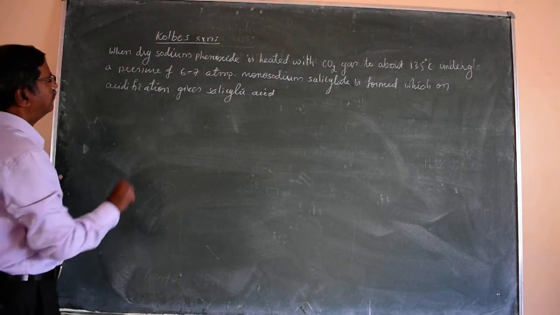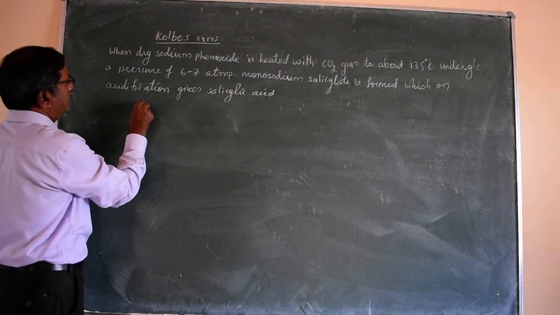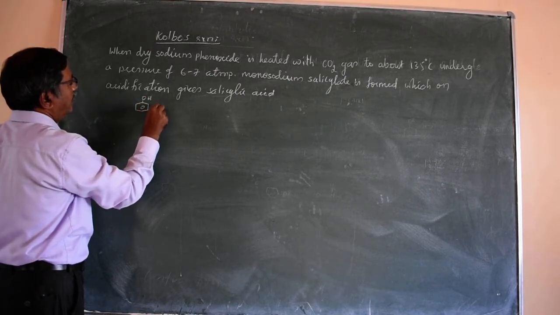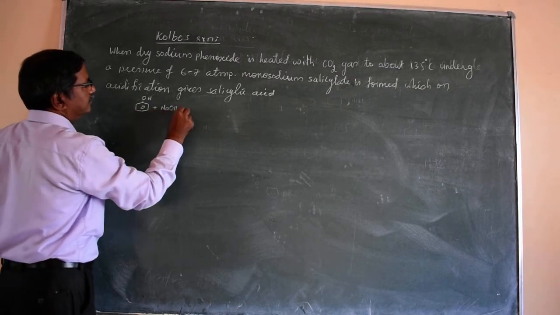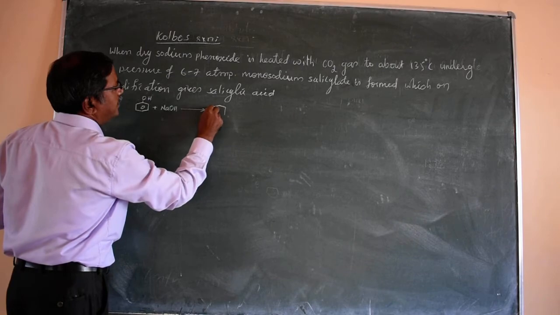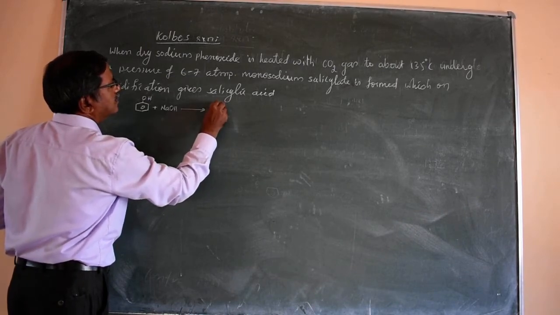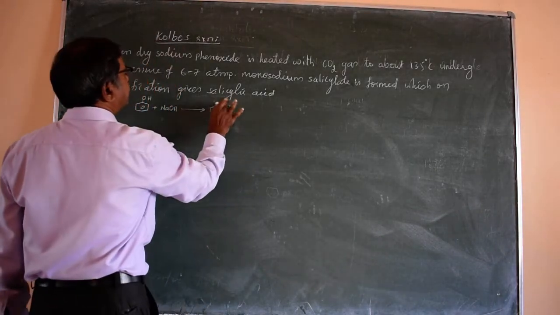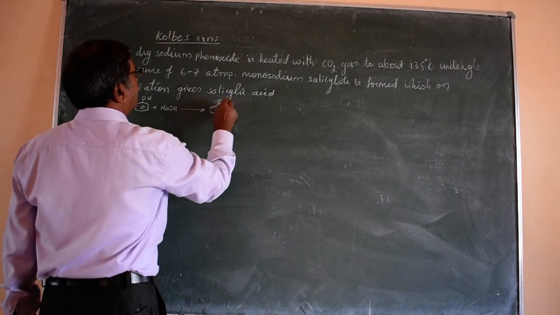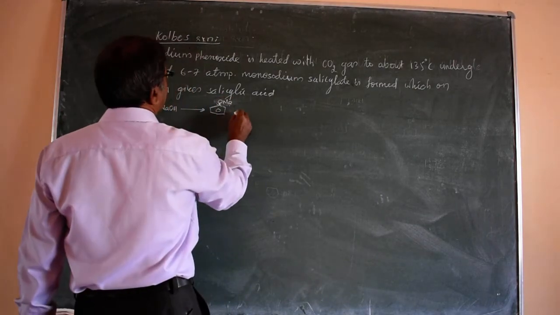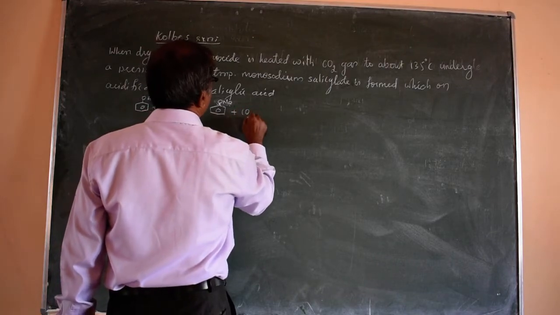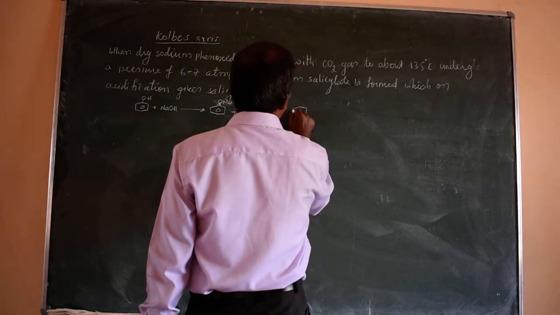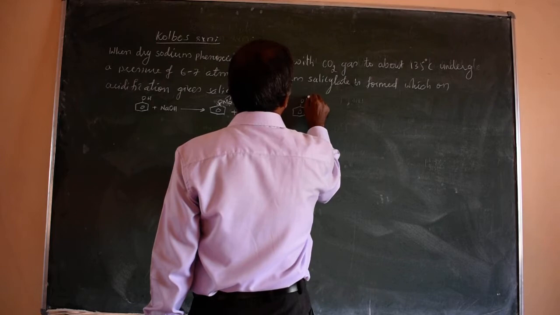So you can write the equation. We know sodium phenoxide is formed by reaction of phenol with NaOH. The product is sodium phenoxide or sodium phenate. When sodium phenoxide is heated with CO2, you are getting monosodium salicylate.